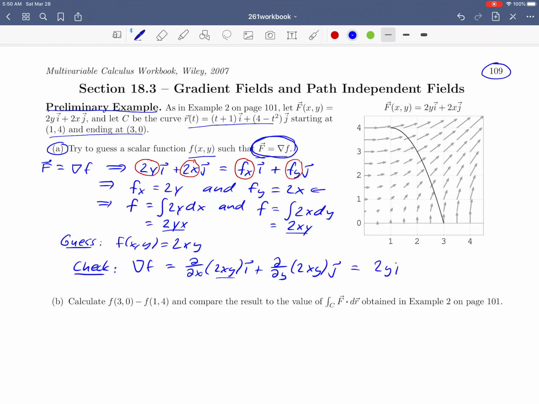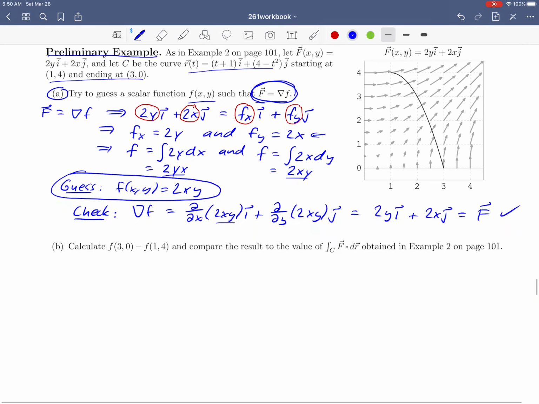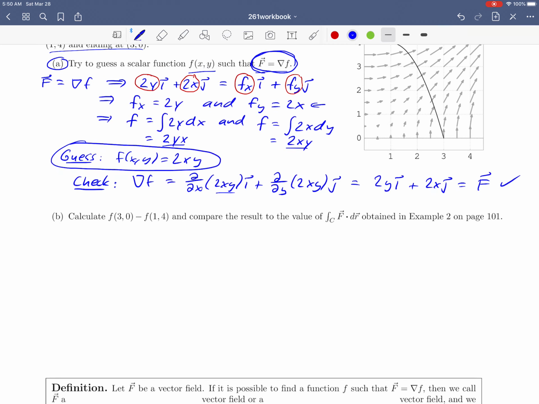Okay, and if you take those two derivatives, notice that exactly what we want to happen happens. The derivative of 2xy with respect to x is 2y, and the derivative of 2xy with respect to y is 2x, and that is our vector field. So we have confirmed that our answer up here is a correct one.